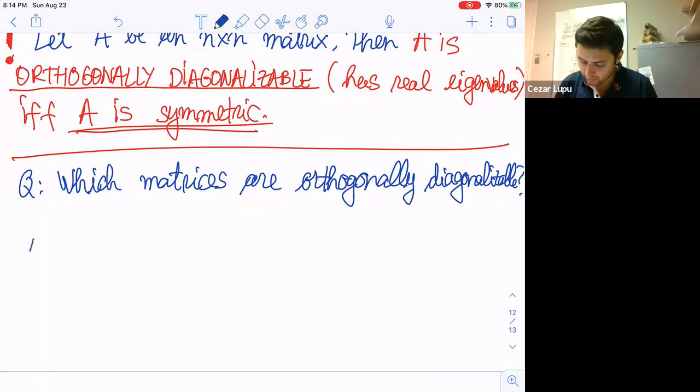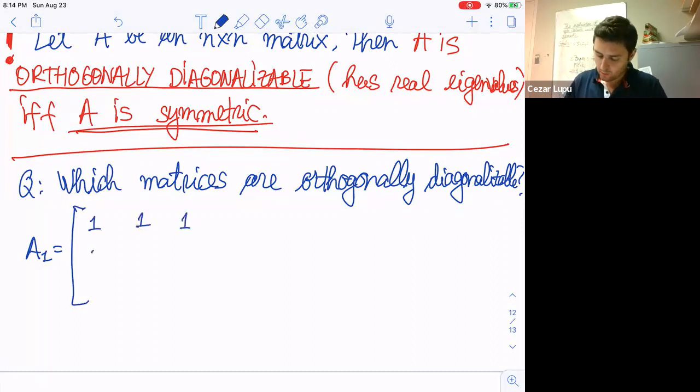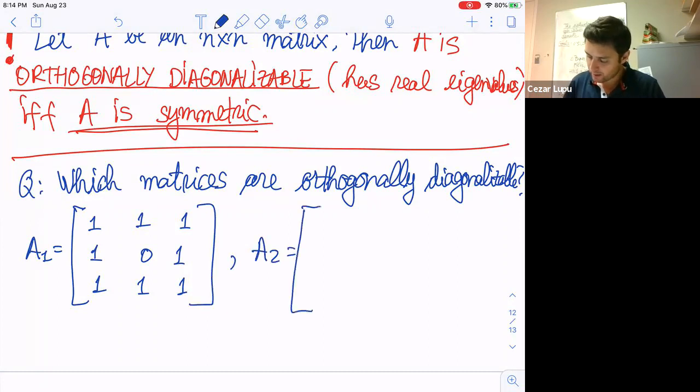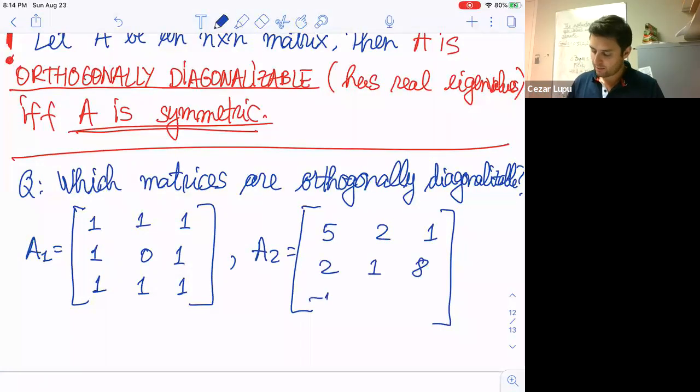Let me consider the following matrices. I'm going to number them. A1 will be 1, 1, 1, 1, 0, 1, 1, 1, 1. Now let me take A2, again a 3 by 3: 5, 2, 1, 2, 1, 8, and negative 1, 8, 0.